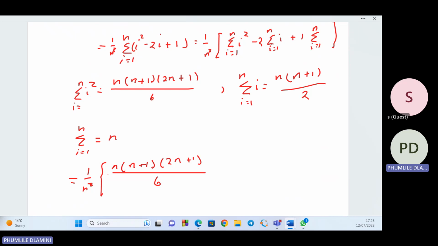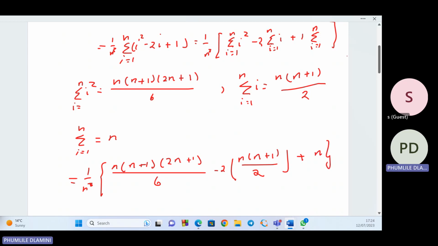So it's going to be n, we substitute, it's going to be that. Then minus 2, we're going to substitute in brackets. Then our sum of i is going to be n times (n plus 1) over 2. Then plus, multiply this 1 times 1, we're just going to write n.